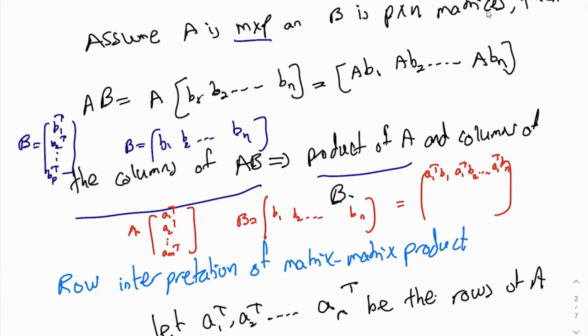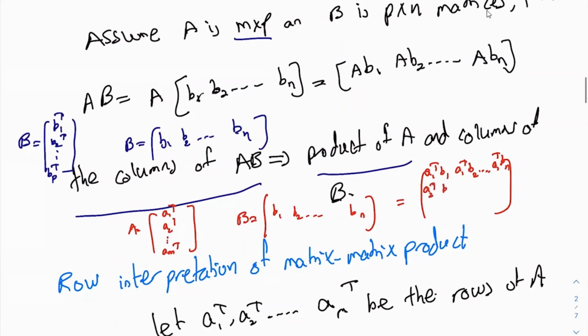The same thing. Second row of A times the first column of B, and the same thing is for the mth row. It's gonna be Am transpose B1, and so on.